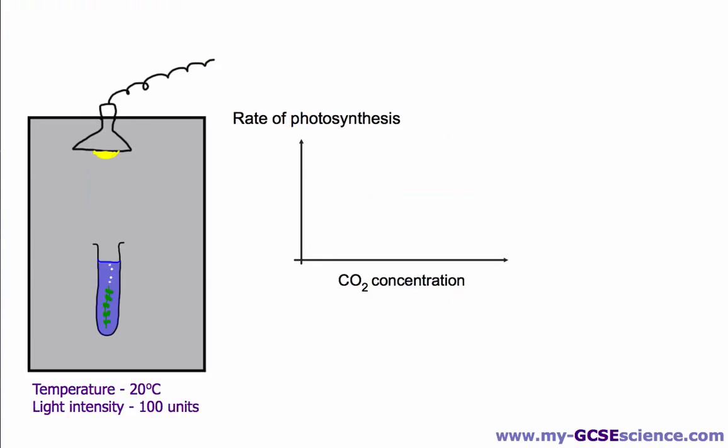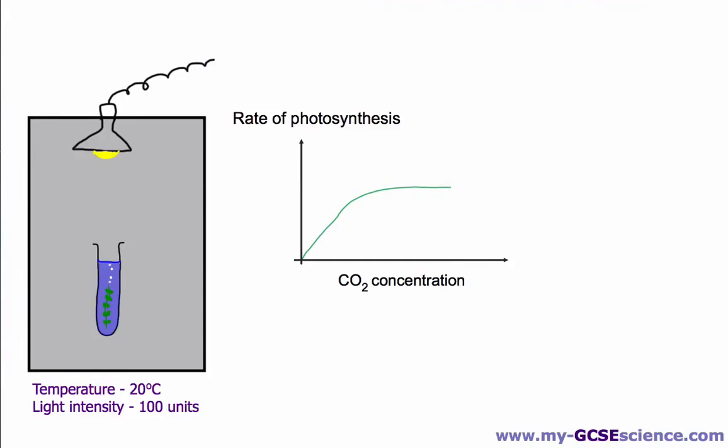We can similarly do an experiment with increasing CO2 concentration. We keep the temperature the same, we keep the light intensity the same this time at about 100 units, but over time we increase the CO2 concentration, and in a similar way you get a graph that goes up and flattens out.